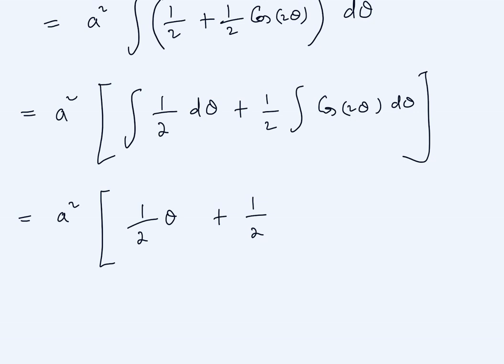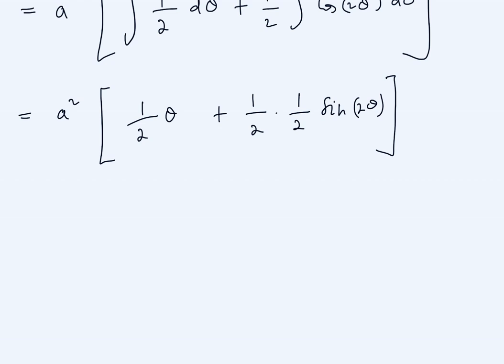By looking at the formula sheet, we get that the integral of cos of 2 theta with respect to theta is 1 over 2 multiplied by sine of 2 theta. We close the bracket and we don't put the plus c yet.